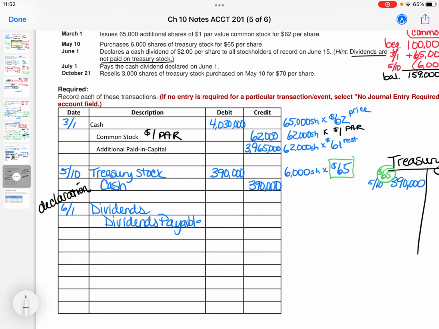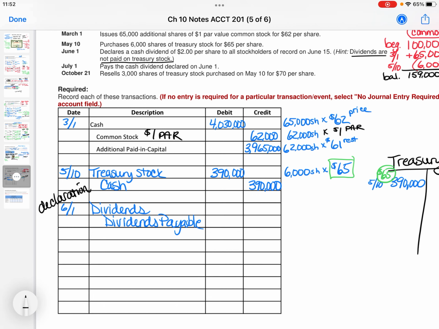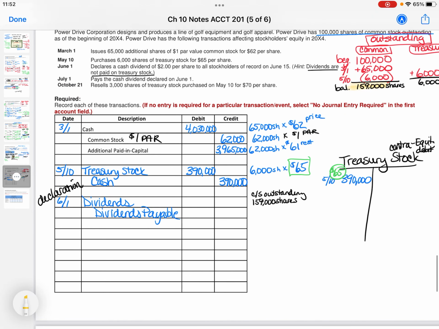And then we just have to calculate the amount. So how many shares of common stock are outstanding? That was the 159,000 shares. That was common stock outstanding. And we got that from our little table where we were keeping track, right?